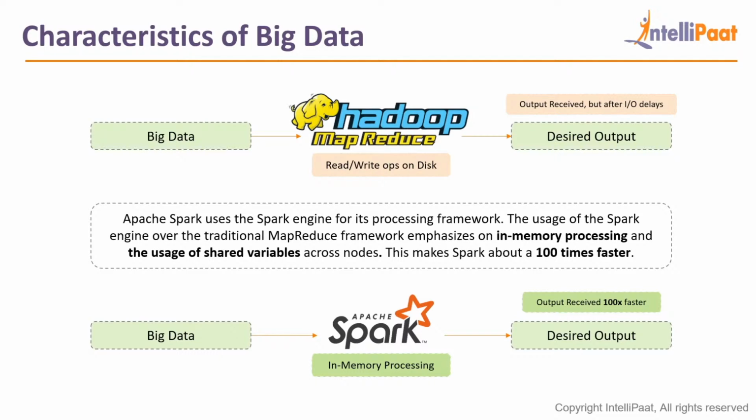Once the hard drive has transferred the data to the RAM, it will store that data until the execution of the entirety of the program, and then once the execution has happened, the output can go back into the hard drive. So you're essentially minimizing all sorts of input-output delays. This is what in-memory processing is, and the usage of shared variables across nodes can help with a lot of logical aspects in programming as well.